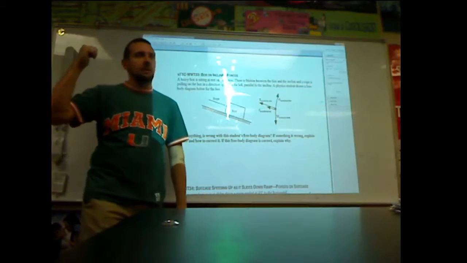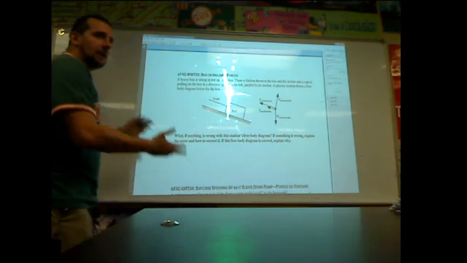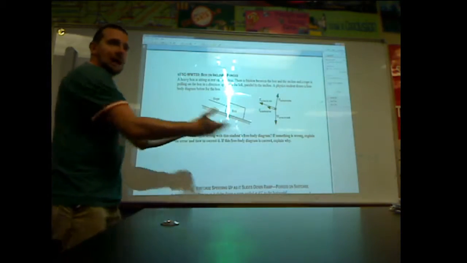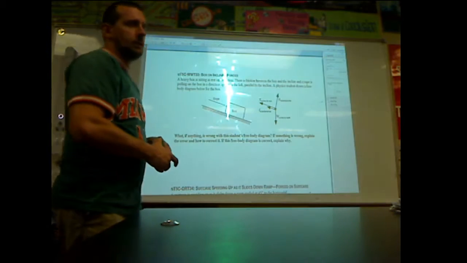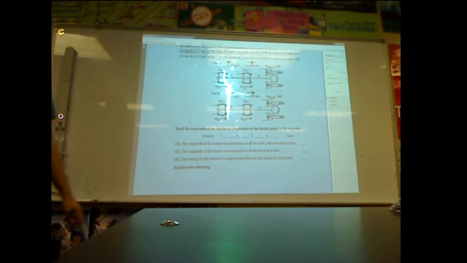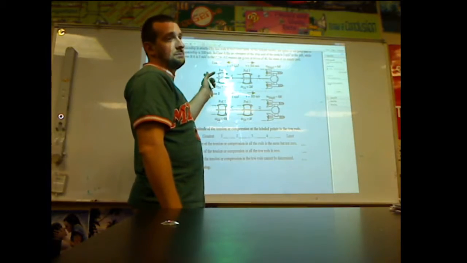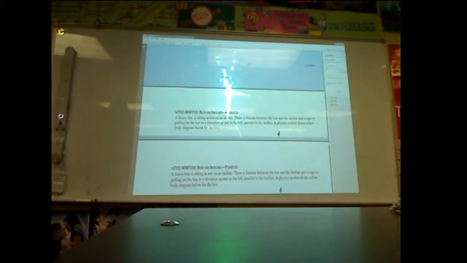If I'm accelerating to the left, though, it's only objects to the right of that being pulled. Are you following what I'm trying to say? However, you could talk in terms of the compression that's being made. But that's a different story. All right.